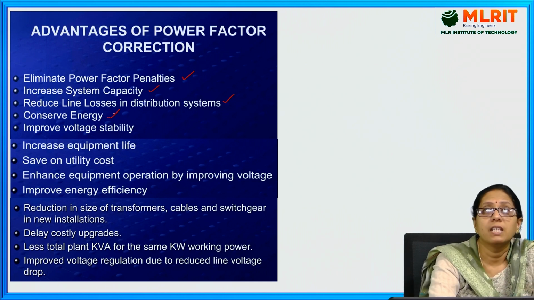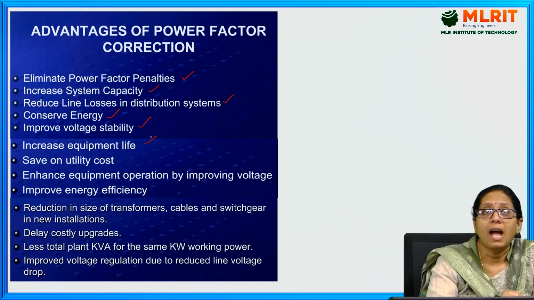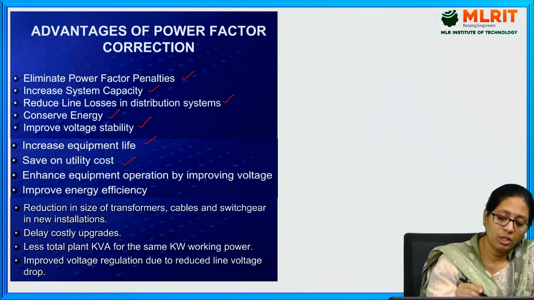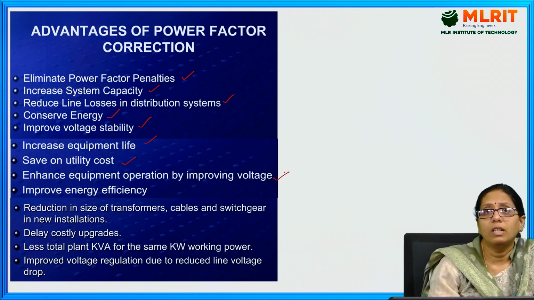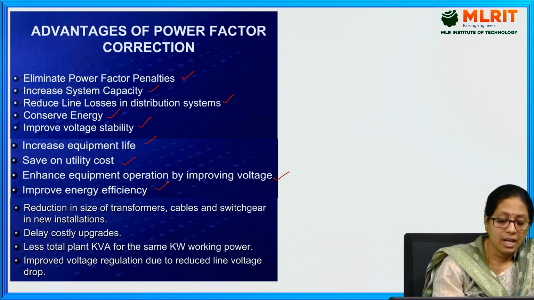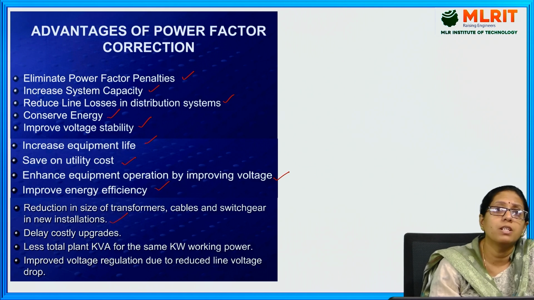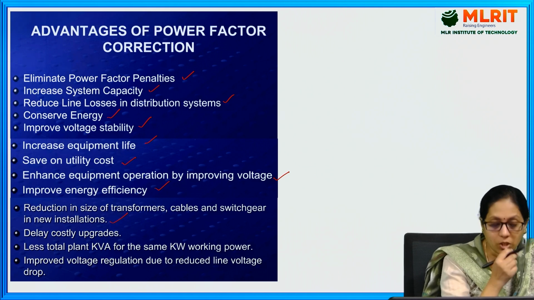Energy can be conserved, that means energy can be saved, and it improves the voltage stability, increases the equipment lifespan, saves on utility cost, and enhances the equipment operation to improve the voltage. It improves the energy efficiency, and it reduces the size of the transformers, cables and switchgear elements or different components which are used for the switchgear.